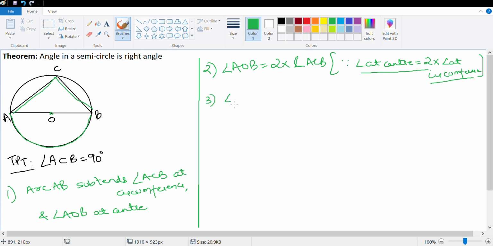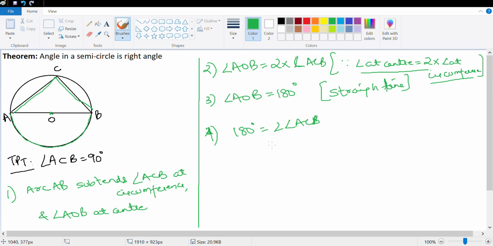We already know angle AOB is equal to 180 degrees. Reason: this is a straight line. So angle in a straight line is 180 degrees, which means 180 degrees is equal to 2 times angle ACB, which means angle ACB is equal to 90 degrees. That's what we have to prove. Done.